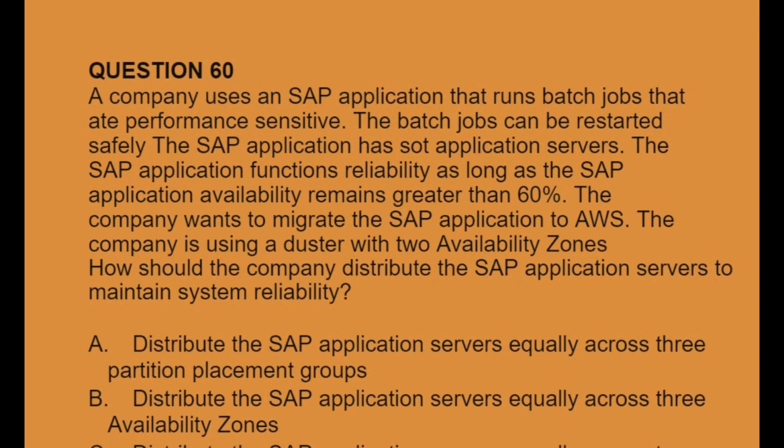The SAP application functions reliably as long as the SAP application availability remains greater than 60%. The company wants to migrate the SAP applications to AWS. The company is using a cluster with two Availability Zones. How should the company distribute the SAP application servers to maintain system reliability?